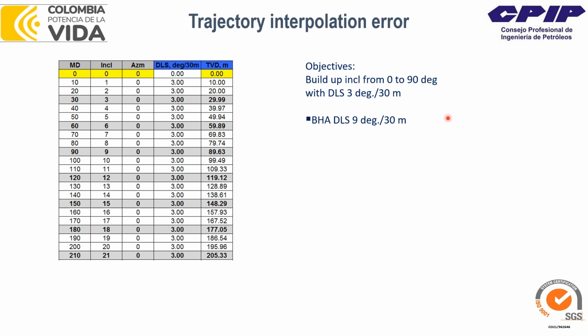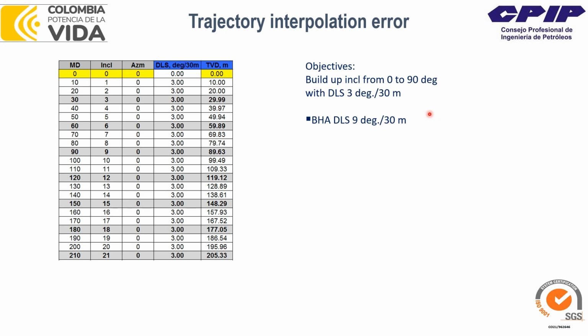Simple directional drilling calculations tell you that you have to slide about 30% of the time. So 30% of the time you drill in the slide mode and 70% in the rotary mode. On average, during that 30 meter interval, you will get a dogleg severity of 3 degrees per 30 meters.